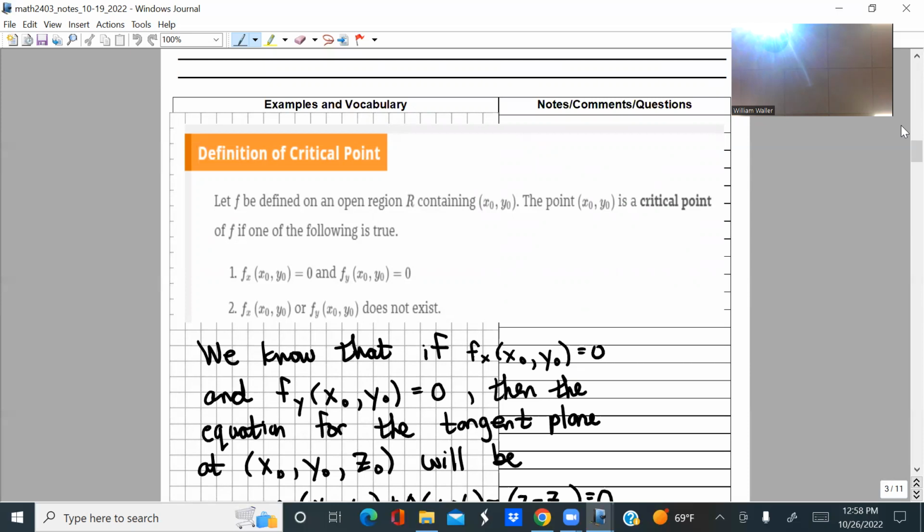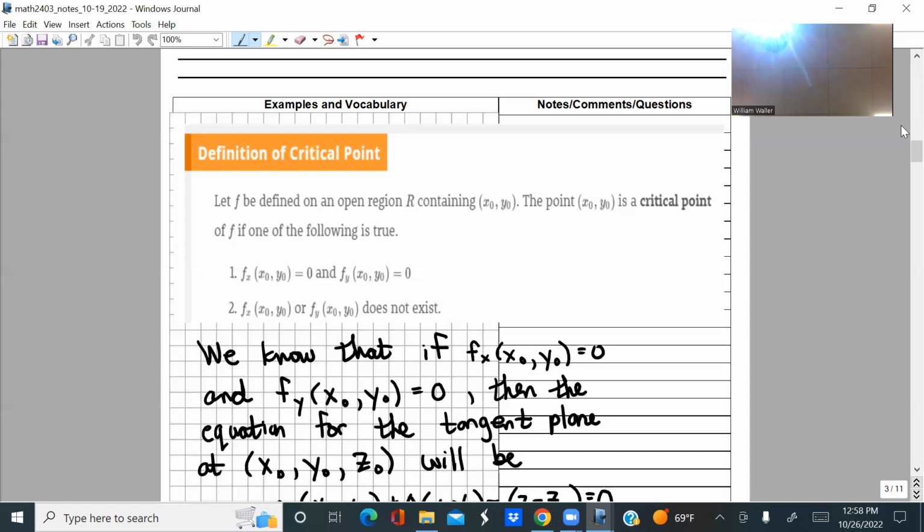So we're going to have peak or valley points at critical points, where the first partial derivative with respect to x and the first partial with respect to y are both zero, or where one of these derivatives does not exist.